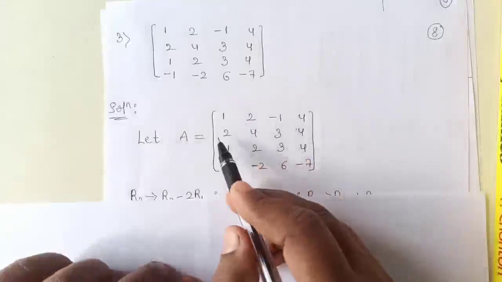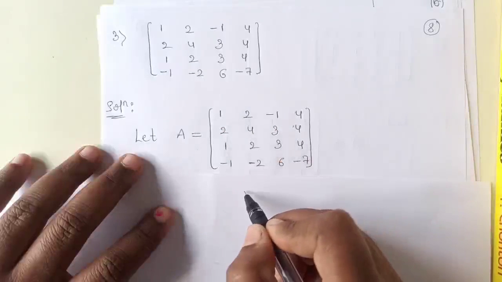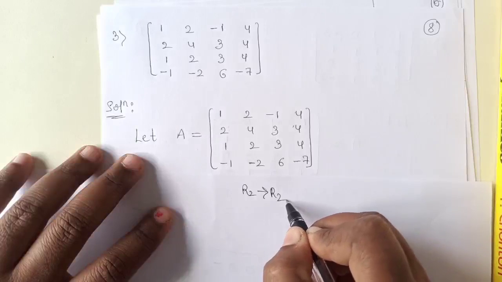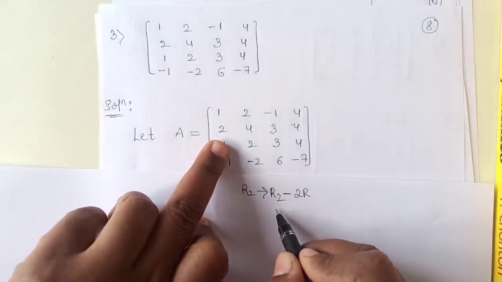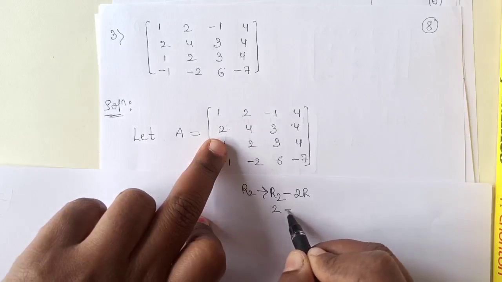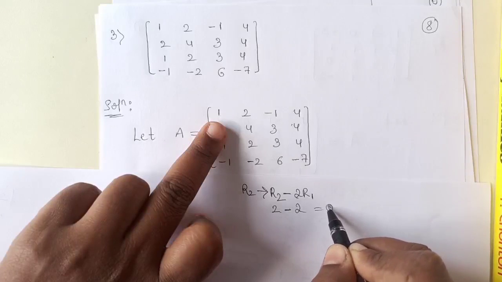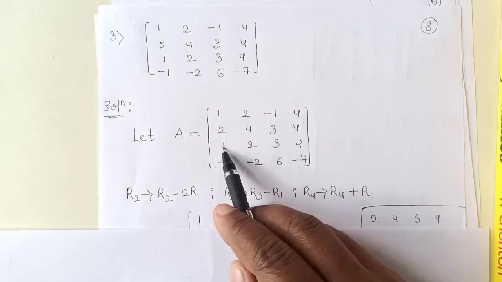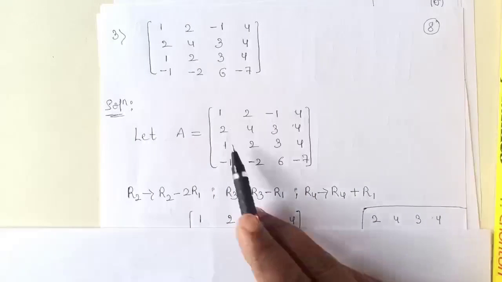Because its position is R2, R2 is changed as R2 minus 2 into R1, then we will get 0. See here, R2 means 2, minus 2 into R1, that is 2 into 1 equals 2, 2 minus 2 equals 0. Similarly, here already 1 is there, so directly we can subtract, that is R3 minus R1 equals, we get 0.